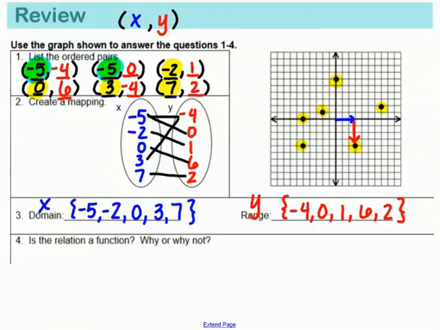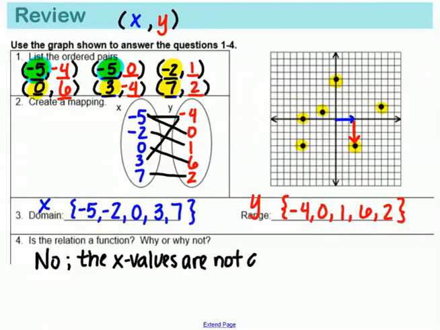Because we have a repeating x value, this relation is not a function, and that's because the x values are not all different. The x value -5 repeats.